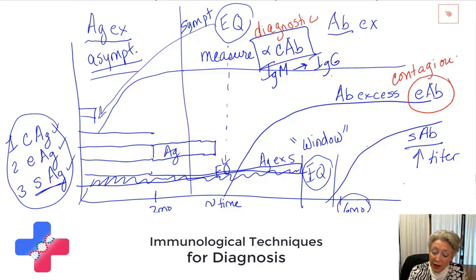And the reason for that is that the presence of E antigen in the blood is corresponding with the presence of viremia. So if a patient has viremia, they're more contagious than they would be if they didn't. So that's how I use that pair. Excess of antibody against E means not as contagious as a patient who has excess of antigen E.